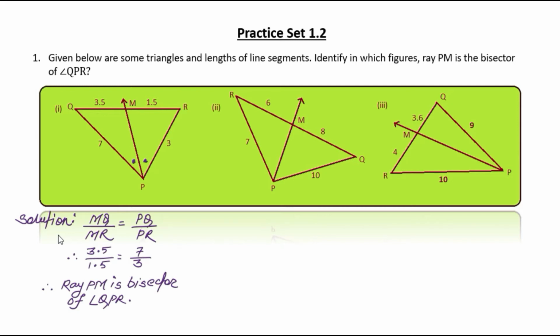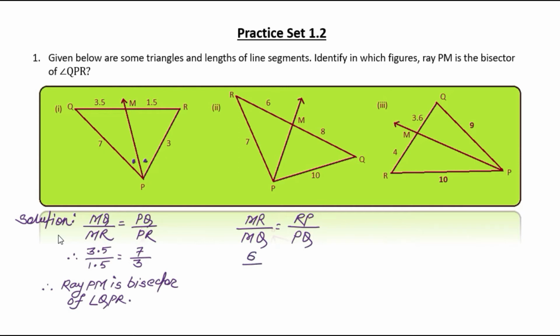So next, in the next figure, again PM is the ray which we have to check whether it bisects QPR or not. So take the angle bisector theorem and write MR upon MQ is equal to RP upon PQ. So what is the value of MR?